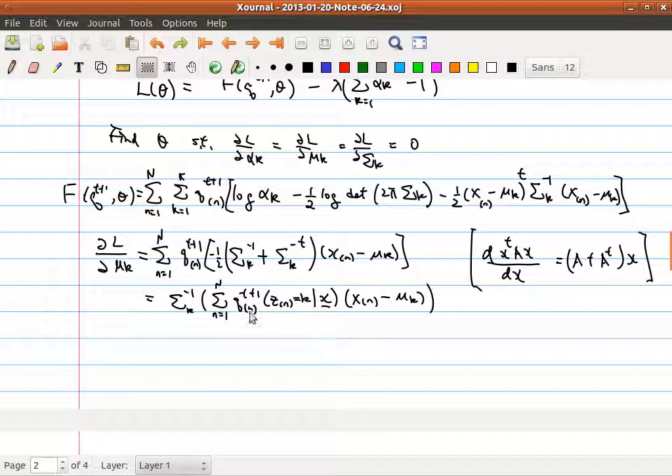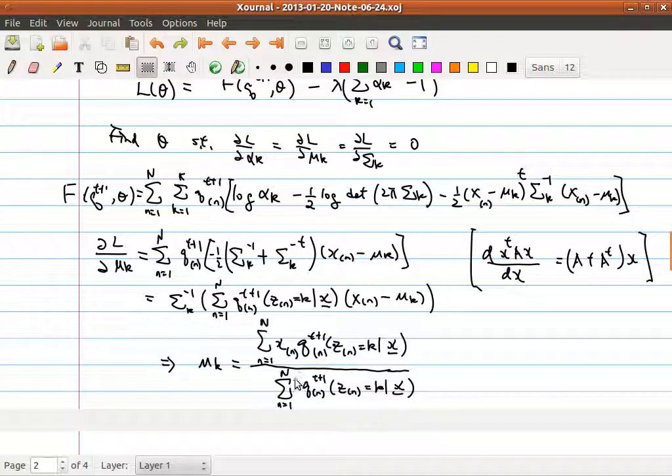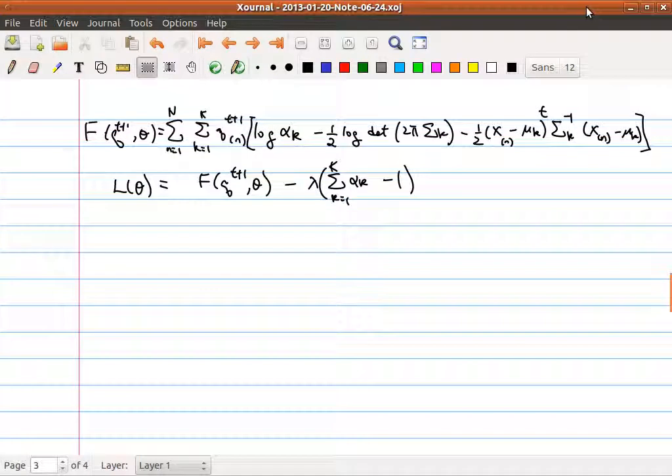And that's it. And this thing should be equal to 0. I'm missing this. This should be equal to 0. And then therefore we have this here. So this is the update for the mean mu k.